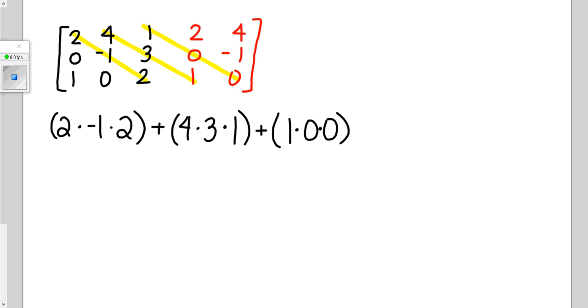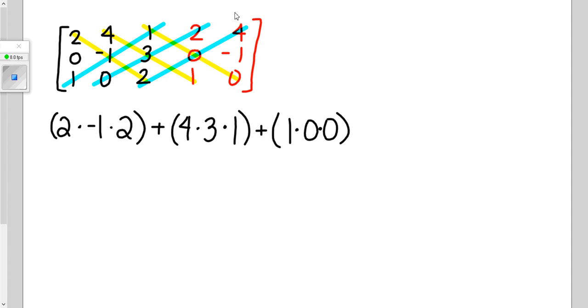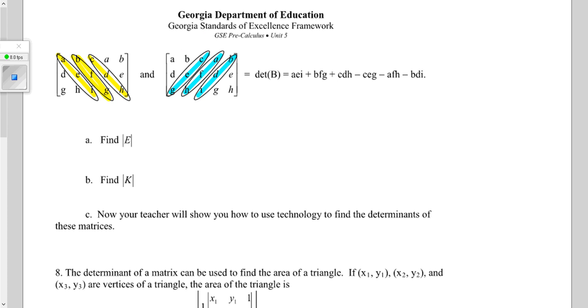Now I'm going to come in, and remember, we had the blue, and we were swapping. So I just start from the top right and go down. Now the difference between the yellow diagonals and the blue diagonals is the yellows get added: multiply the diagonal and then add the 3 diagonals together. The blues get subtracted. Now I'm going to have to do it on a separate line just because I'm not going to have enough space to do it on a single line, okay? But understand, all I'm doing is plugging into this formula right here.